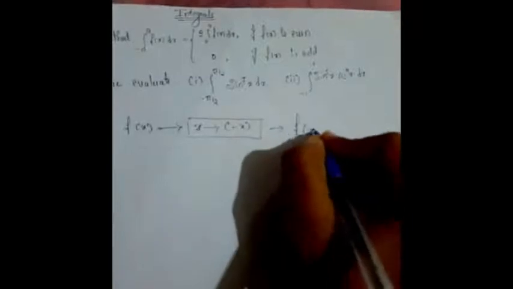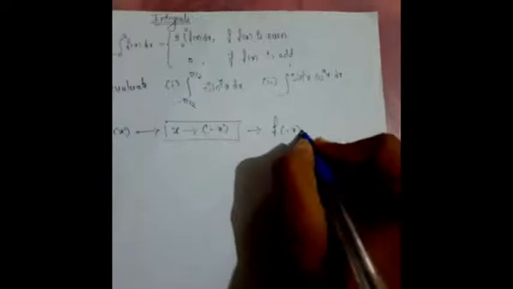So before going to this question, let me tell you what is meant by the even function and odd function. Suppose your given function is f of x. F of x means your function is in terms of x. If I substitute minus x in place of x, that is nothing but your f of minus x.